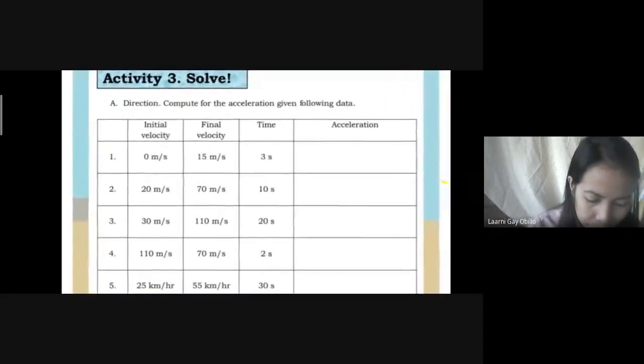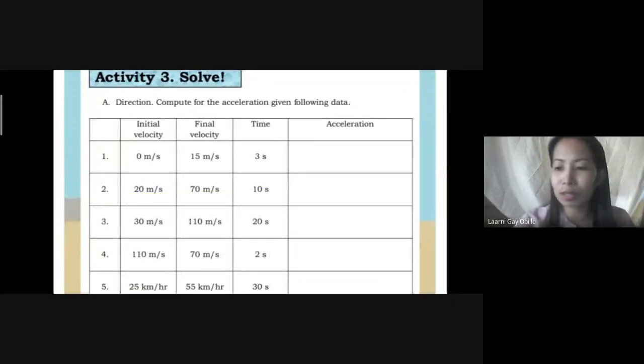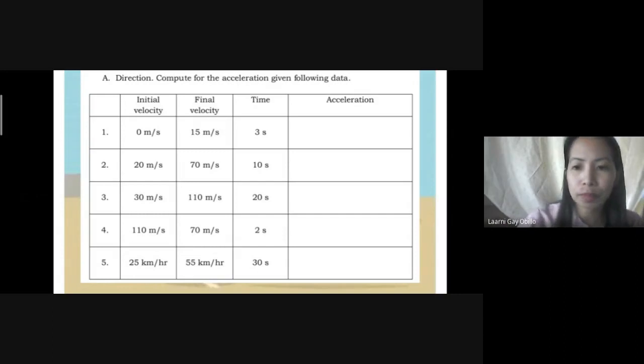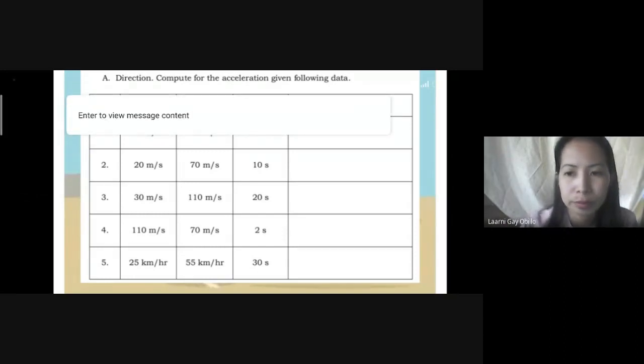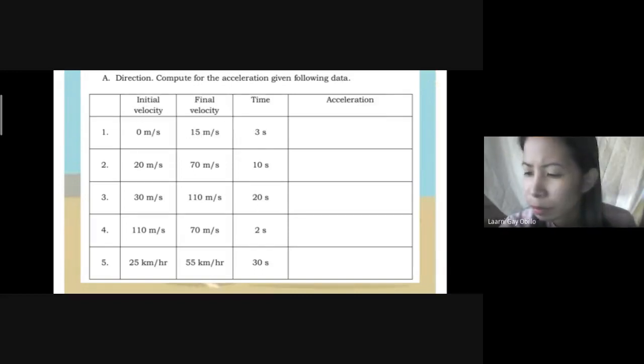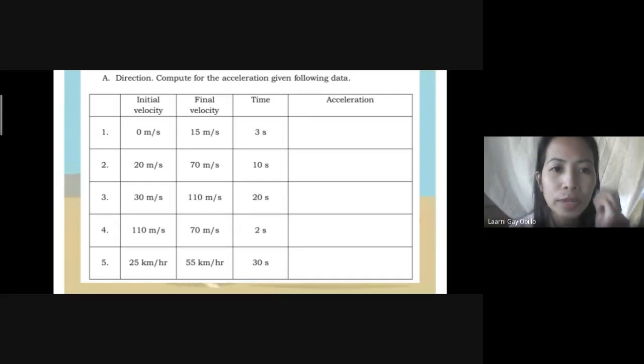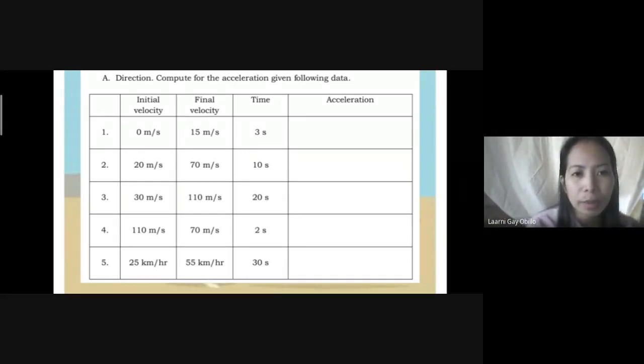Okay, and now, let's try to solve this. Kung meron kayong calculator dyan, or you can also use your cell phones sa pagsasagot. Okay, so for number 1, sabi nga natin, the formula for acceleration is final velocity minus initial velocity divided by time. Okay, so final velocity natin is 15 meter per second minus 0 divided by 3.